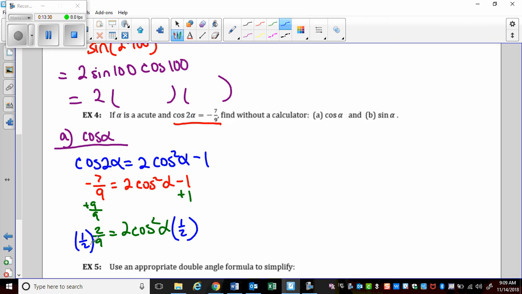So these 2's will cancel. I'm going to get 1 over 9 equals cosine squared alpha. And I just want cosine of alpha. So I'm going to have to take the square root of both sides, which is pretty cool because cosine of alpha is the square root of 1, which is 1, over the square root of 9, which is 3.